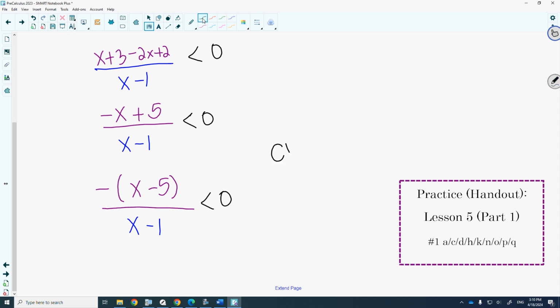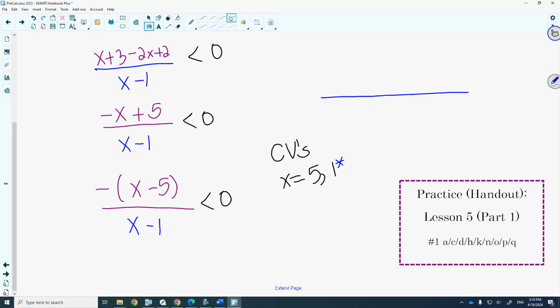Critical values come from when the factors of your numerator are set equal to 0 and you solve them. So this would be a critical value at 5. And from when the factors of your denominator are set equal to 0, that would be x is equal to 1. 1, though, is a non-permissible value.